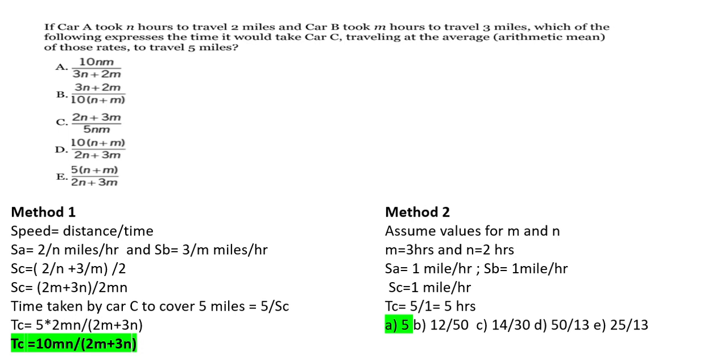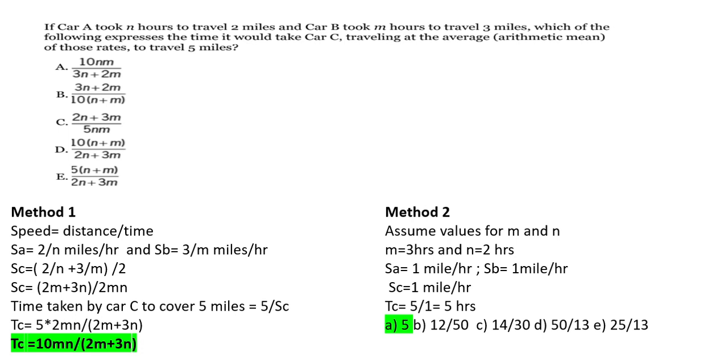Now I have been told car C travels at the average of both these speeds. So the average of both these is nothing but speed of A plus speed of B divided by 2, which is 2 by n plus 3 by m divided by 2.